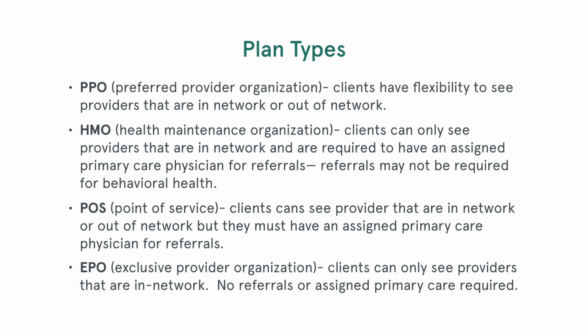So like an HMO, in that they have to have an assigned primary care physician and that they need referrals, but they can see providers that are out of network. And an EPO, or an exclusive provider organization, is where they can only see doctors that are in network, but they don't need referrals, and it's not required to have an assigned primary care doctor.